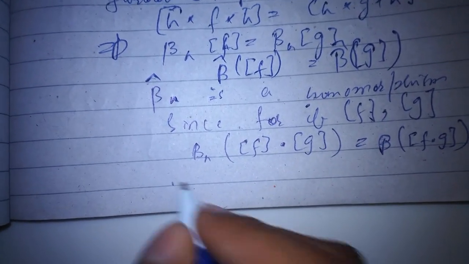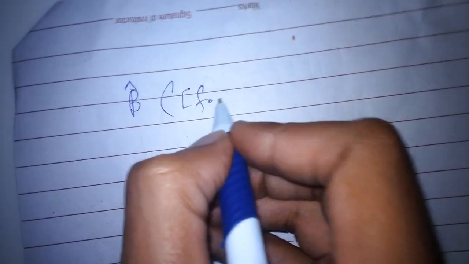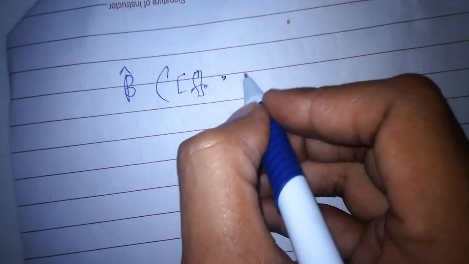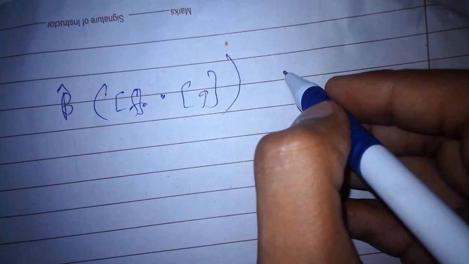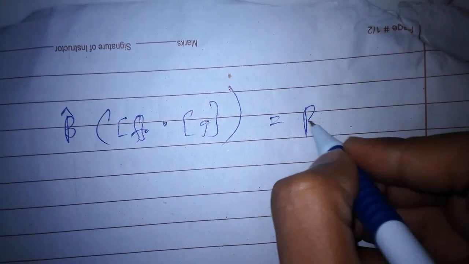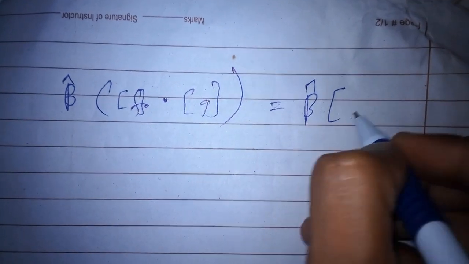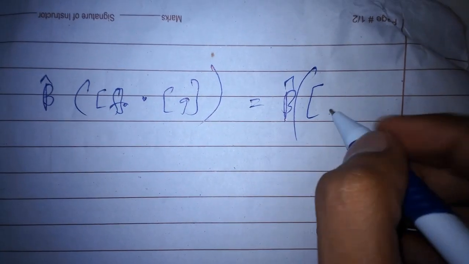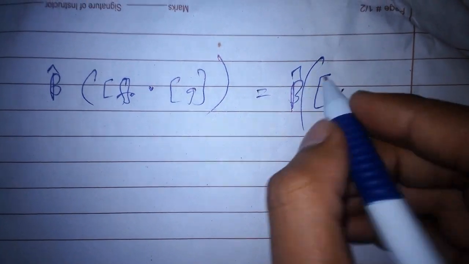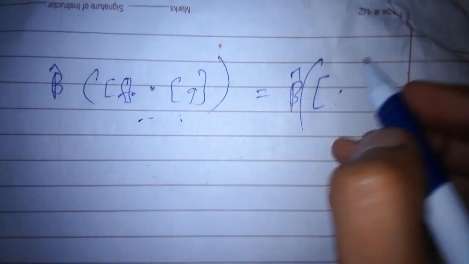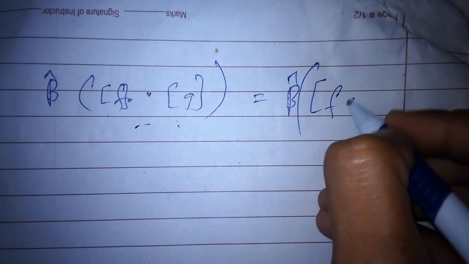So beta h of f dot g is equal to beta h of, according to the condition of well defined loops, f star g.